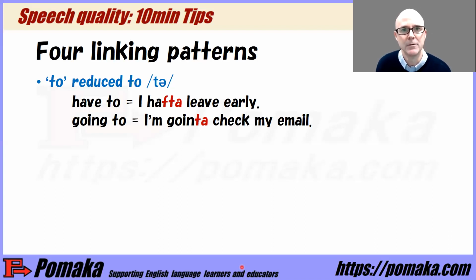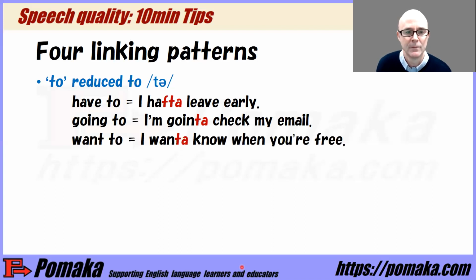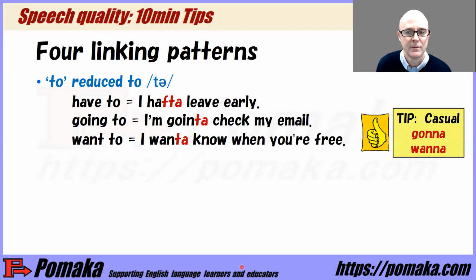I'm going to check my mail. Want to can become want to. I want to know when you're free. In very casual speech, going to can become gonna, and want to can also become wanna. We'll look at very casual speech again in the next slide.